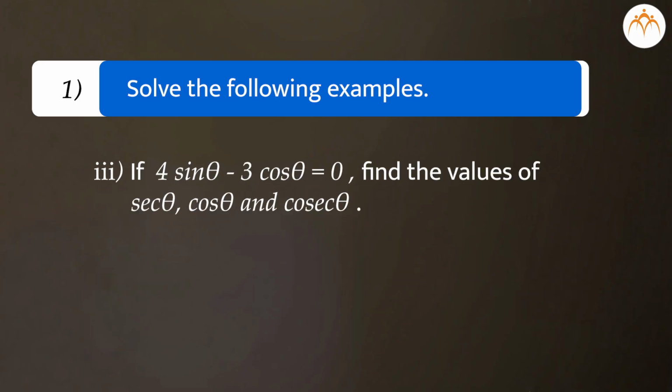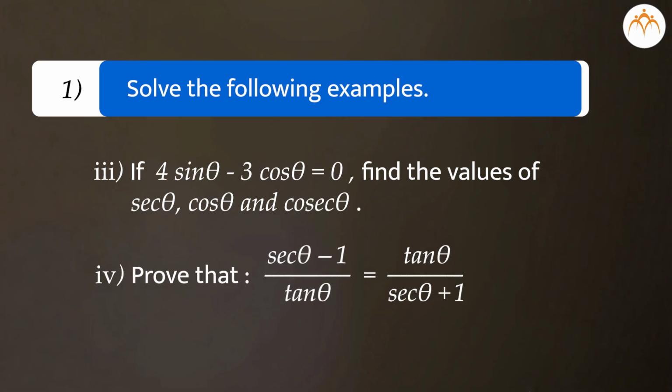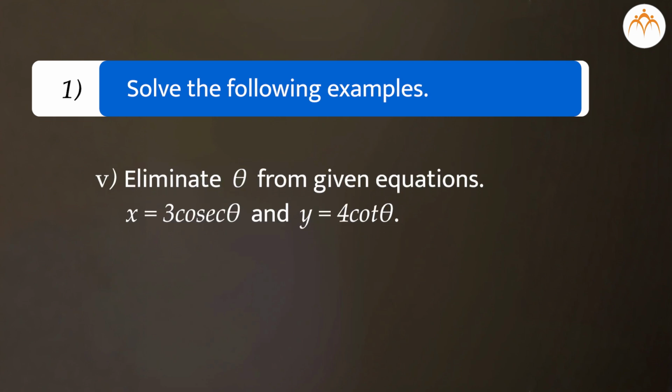If 4 sin theta minus 3 cos theta is equal to 0, find the values of sec theta, cos theta and cosec theta. Prove that sec theta minus 1 upon tan theta is equal to tan theta upon sec theta plus 1. Eliminate theta from the given equations: x is equal to 3 cosec theta and y is equal to 4 cot theta.